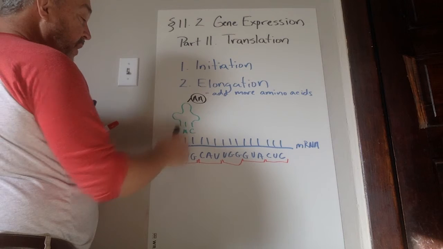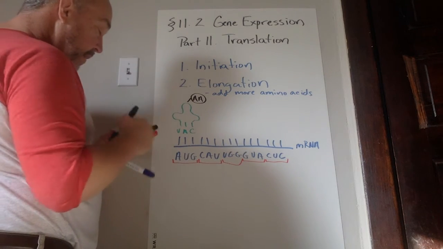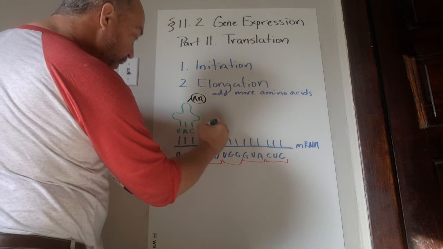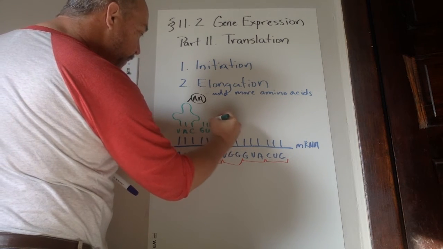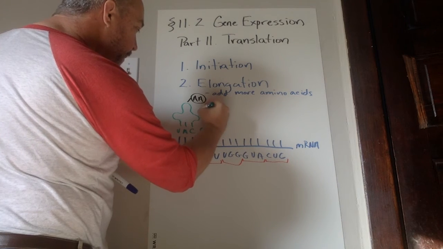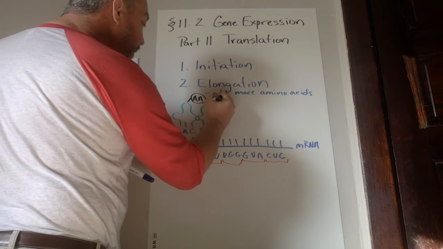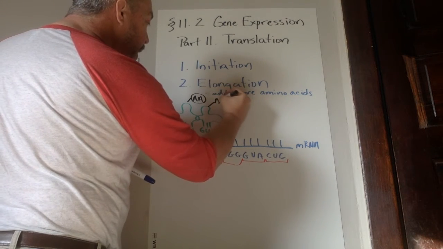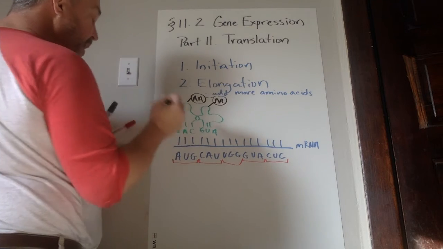So the first one comes in. We have an amino acid. Now the second one will come in. The anticodon opposite here would be GUA, and it'll bring over a second amino acid. The ribosome will then form a peptide bond between it.